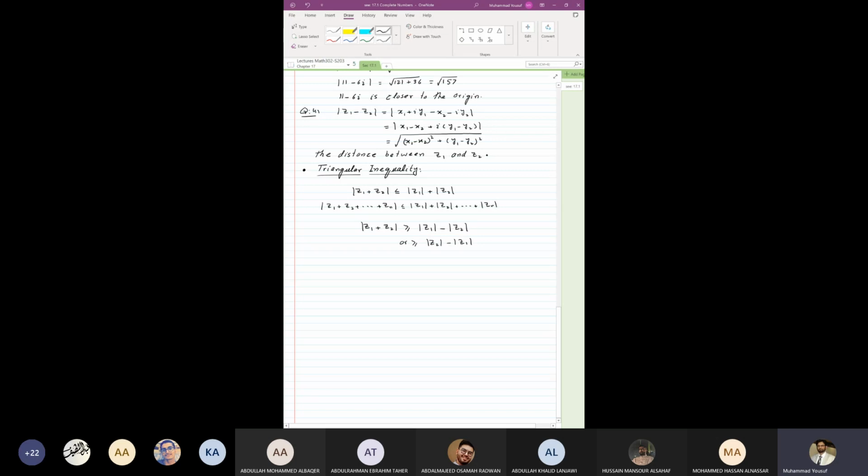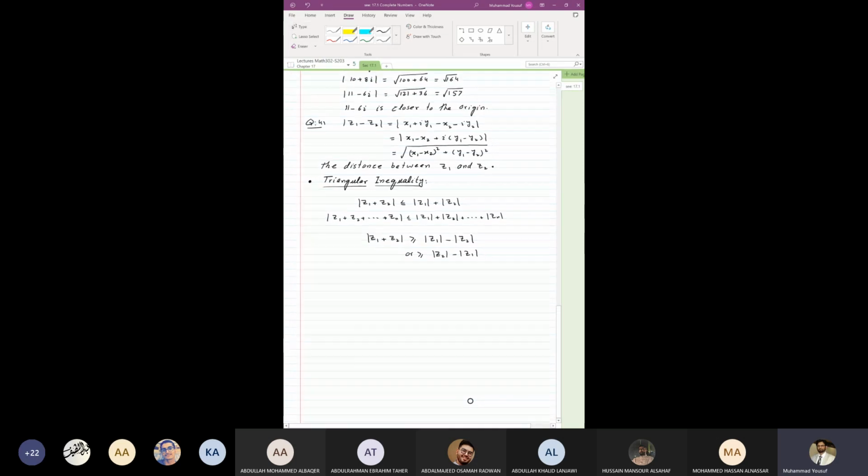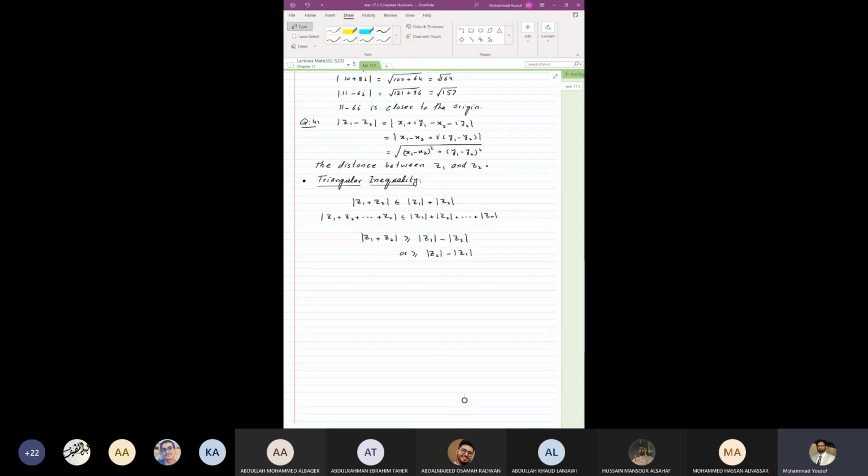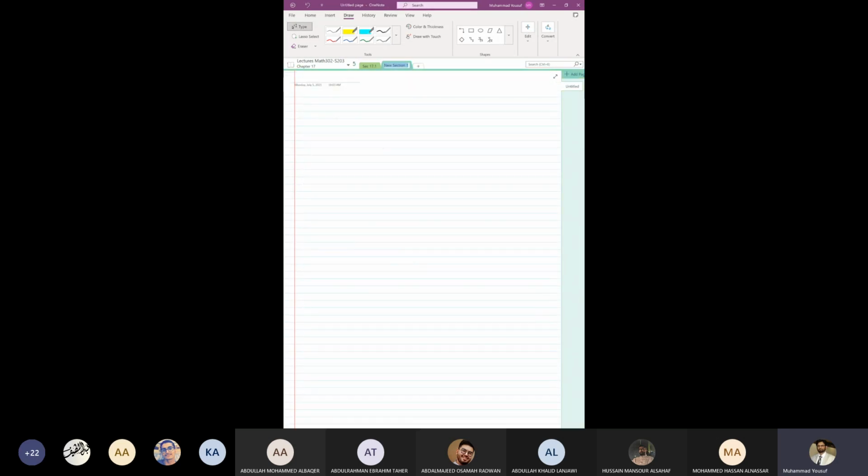Now, this is section 17.1. There are several more questions, very similar to what we have done so far here. Next section is 17.2, that is powers and roots.